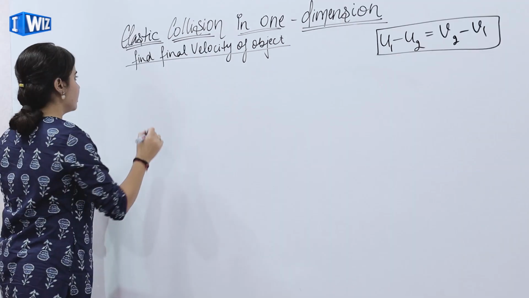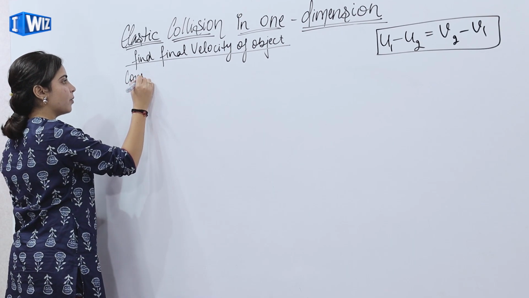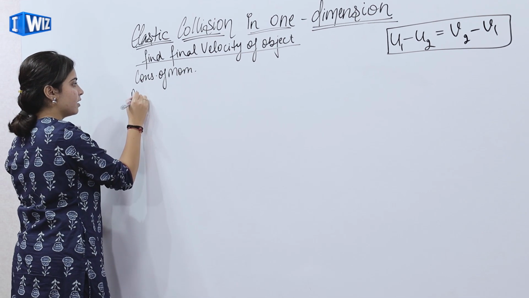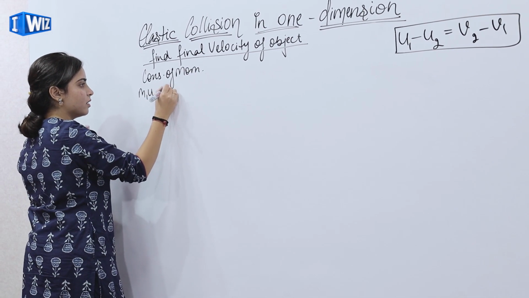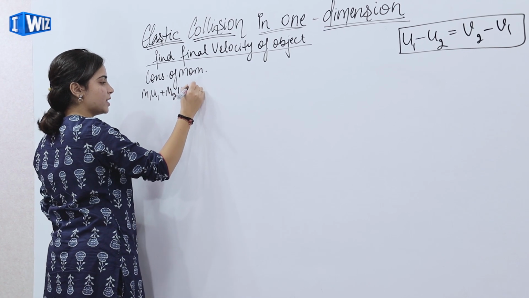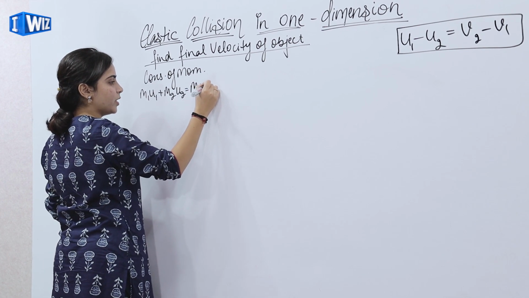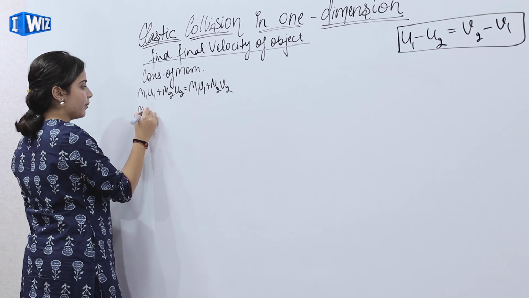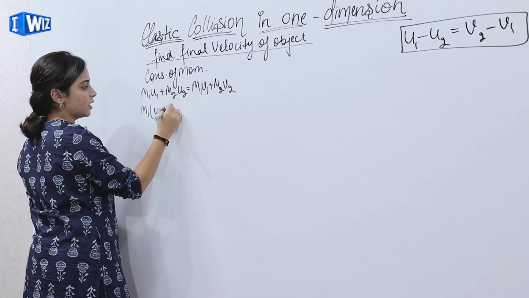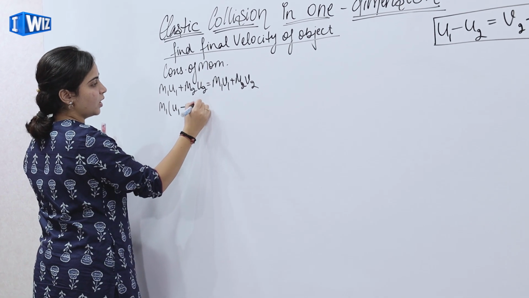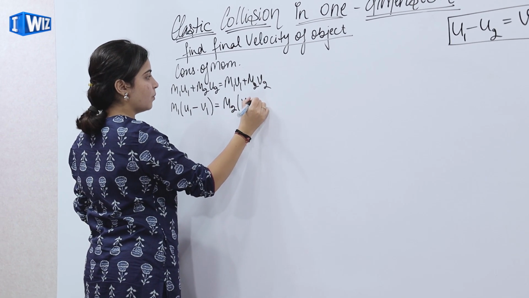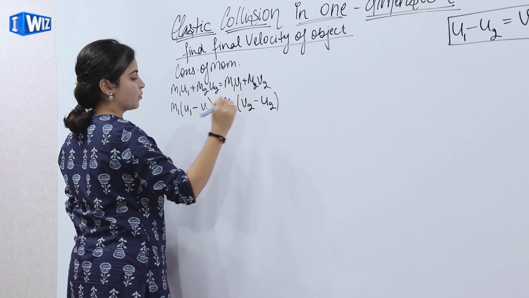Again using conservation of momentum, I'll get m1 u1 plus m2 u2 is equal to m1 v1 plus m2 v2, or m1 times u1 minus v1 is equal to m2 times v2 minus u2.